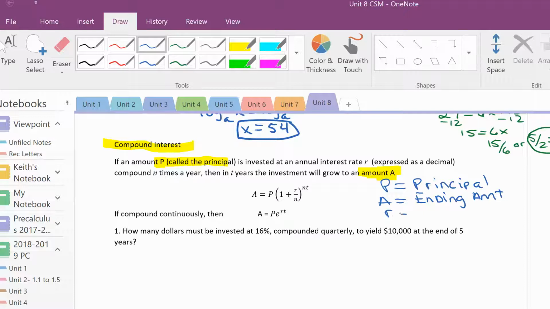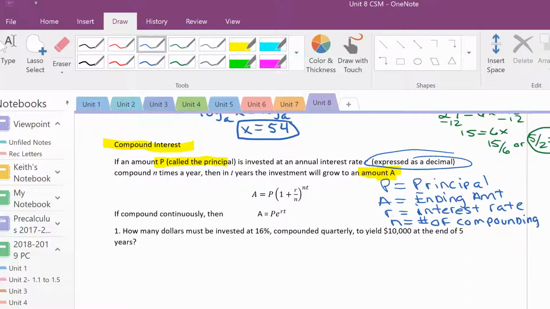The R is the interest rate, and that is a decimal. Very important that you change that to a decimal. N is the number of compoundings per year. And T is the time in years.